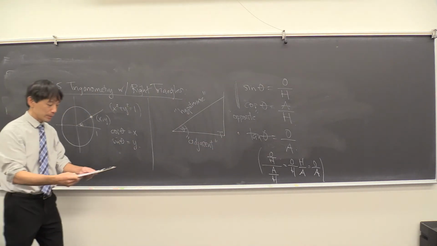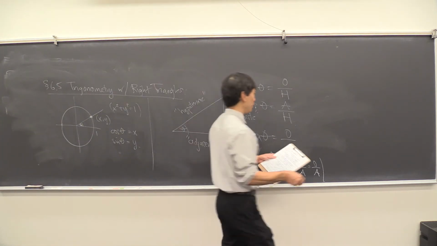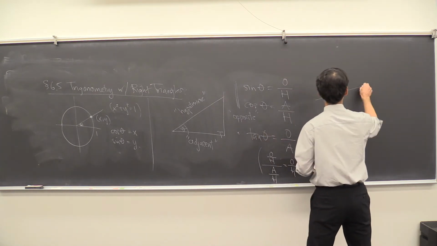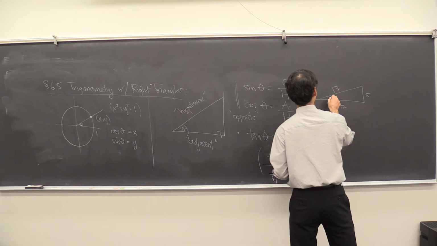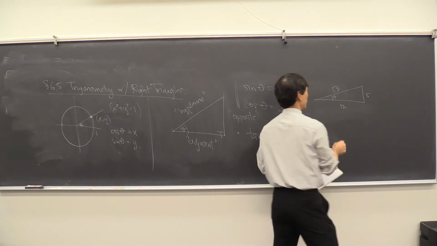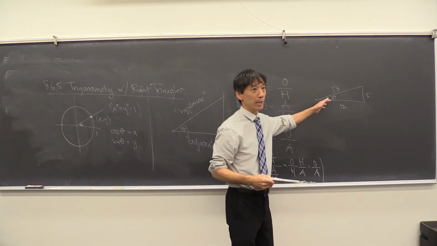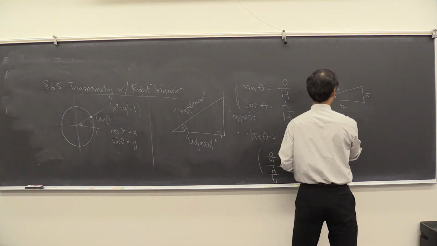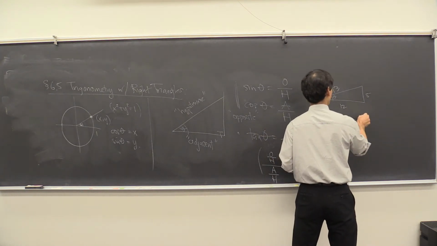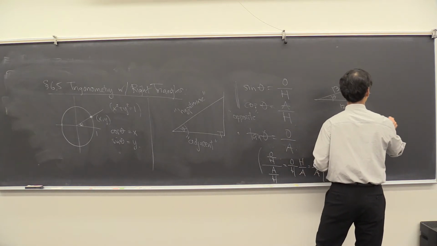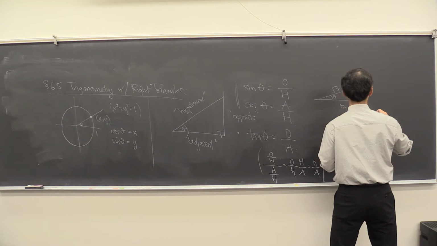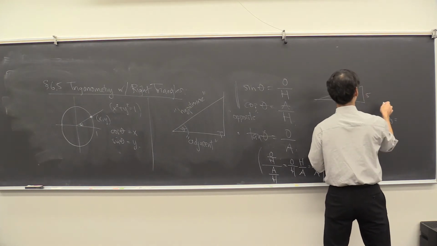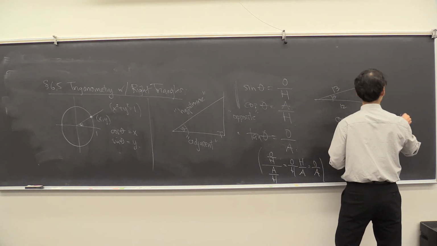For example, if I have a 5, 12, 13 right triangle, and I'm looking at this angle, then cosine of theta is going to be adjacent over hypotenuse, and sine of theta is going to be opposite over hypotenuse.